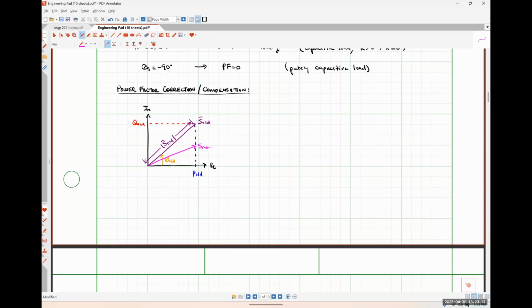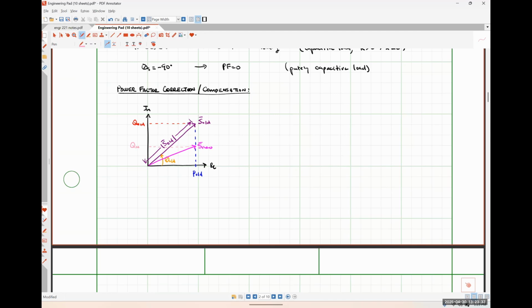So here's S new. So we've kept that quantity P old exactly the same because we're only introducing an energy storage element into our system. And so I'm going to just put a dashed line over here like so.